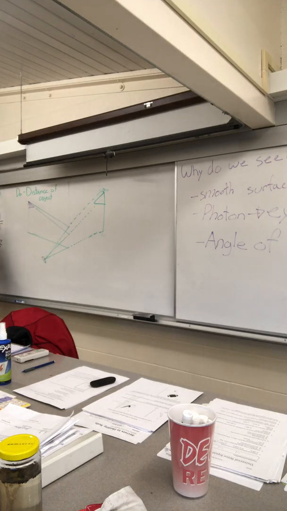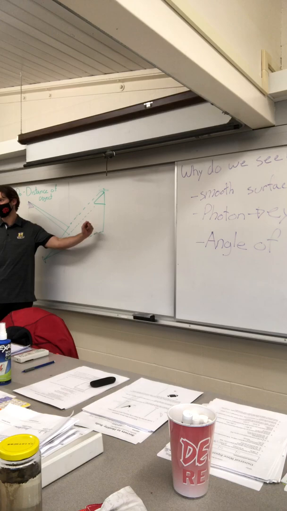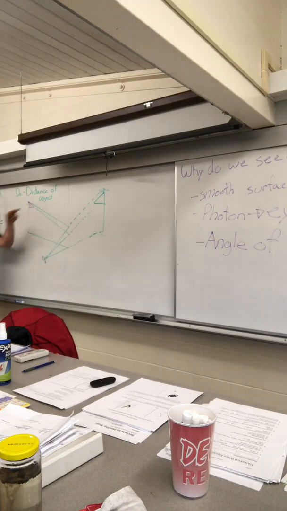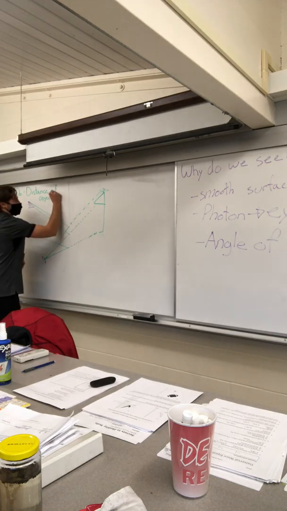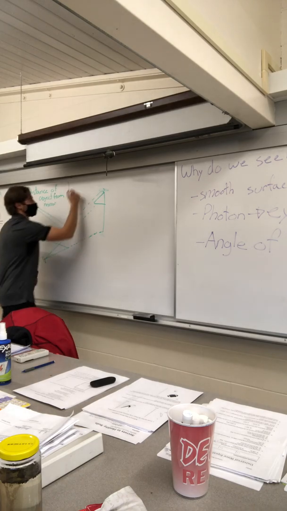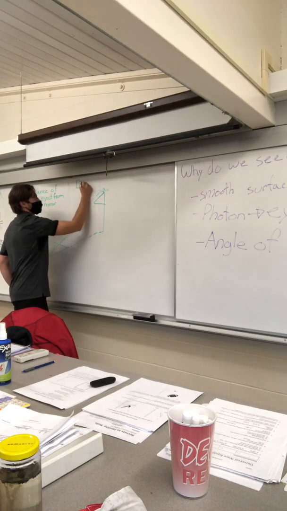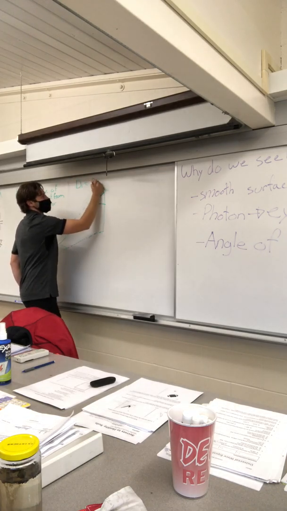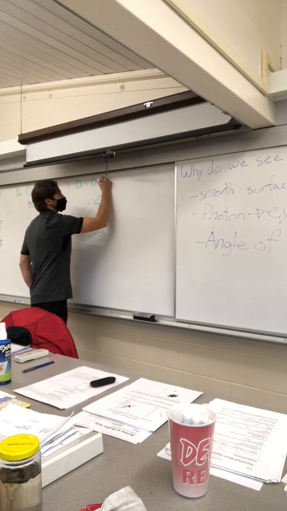We also have DI, distance of the image. And that's distance from the mirror. I'll add from mirror in here, just to get confusion out of there. And then DI, distance of the image from the mirror.